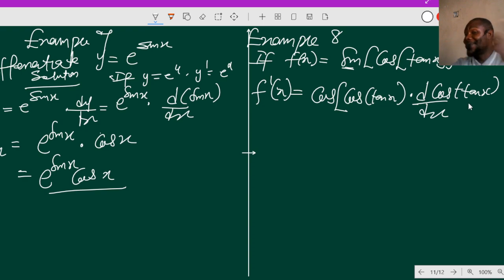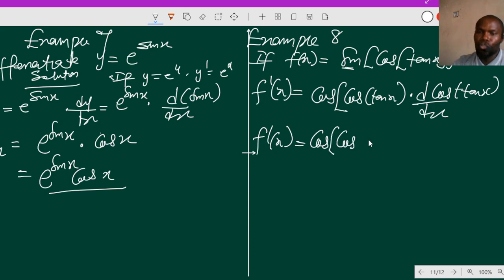So therefore f prime of x will be cos of tan x dot the derivative of tan x, and we have not yet reached the inner derivative.